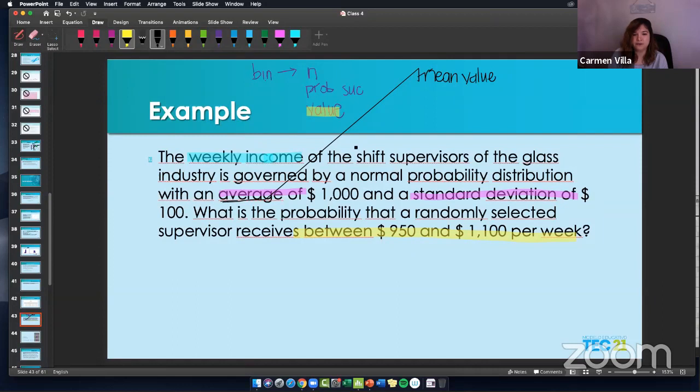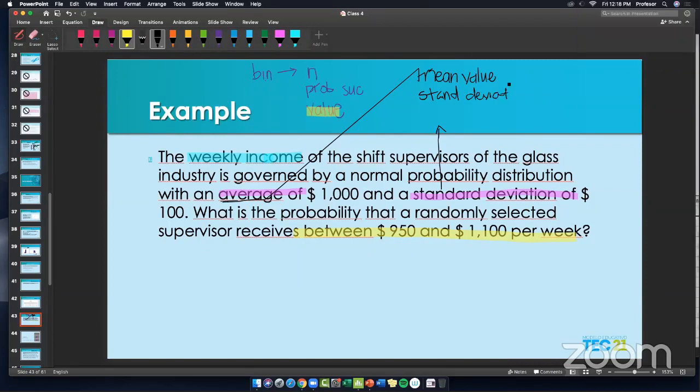And we have as well a standard deviation. Yes, class? And that's how you're going to identify them when you work with a binomial distribution or when you work with a normal distribution.